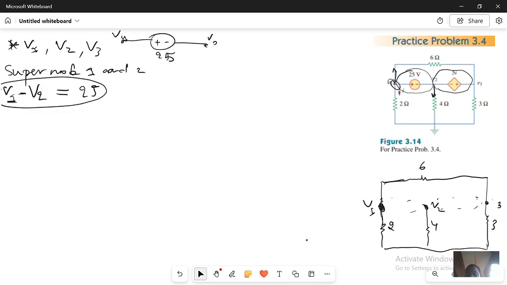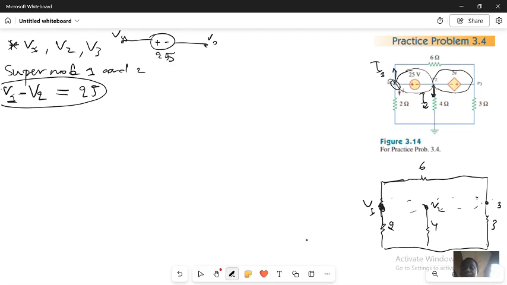Now I will consider this one I, this one is going to be I1, and this one is going to be I2. The direction doesn't matter. If you put a direction here or here, it doesn't matter. The only thing is to follow the voltage: when you consider that the current is flowing from here to here, you will start with V3 minus V1.